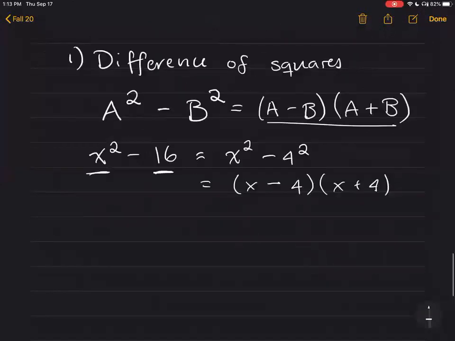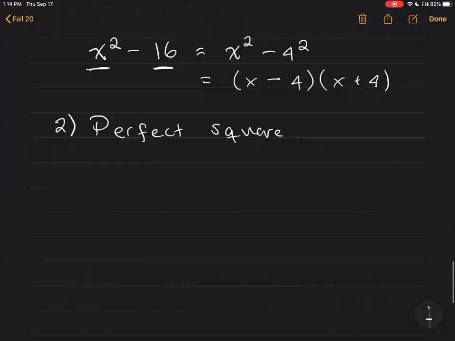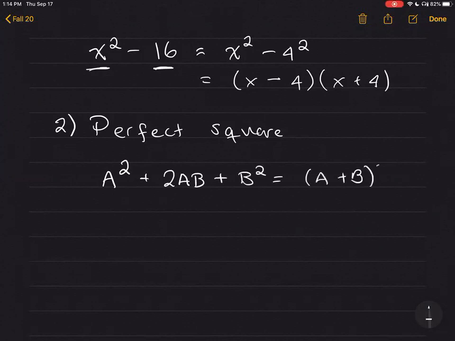The other one that you should know is called a perfect square. It comes in two main flavors. If we have a squared plus 2ab plus b squared, that is going to be a plus b, squared.